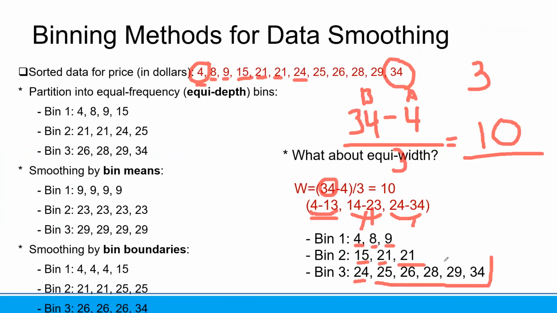So the remaining will be in bin number 3. So that's the meaning of equi-width.